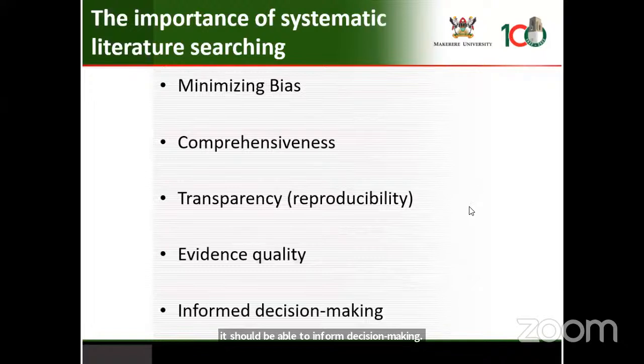So that is the importance of a systematic literature search, so that if a decision maker is supposed to inform policy or practice, we are basing it on evidence that is of high quality and reliable. We shall look at the various databases and other sources of information as we move ahead.